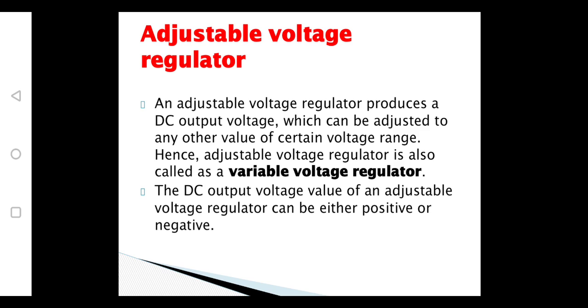Here the name itself indicates the output is not a fixed value, but it can be adjusted within a certain voltage range. That is the reason it is also called a variable voltage regulator. The output can be adjusted either towards a positive value or a negative value.